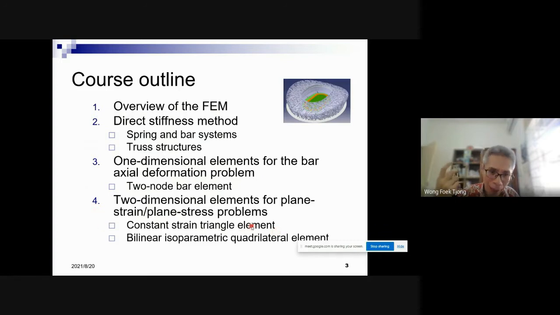If we still have time, however, at the end of the semester, we are going to discuss other types of element. Okay, but this is not the main teaching material, I mean, the curriculum goes up to this element. If we still have time, I may introduce just a brief introduction about this element. Okay, that's all about our course.